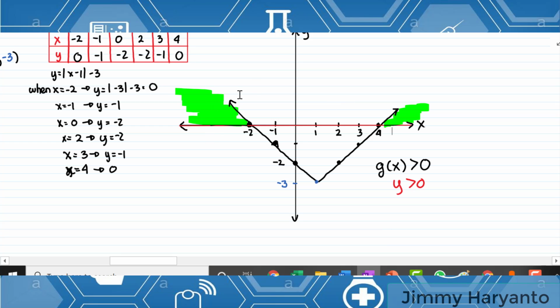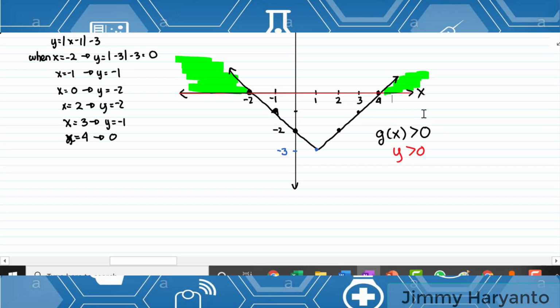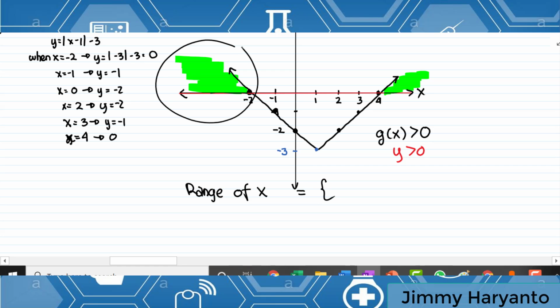So we have two parts, the left side and the right side. We have to write the range of x for each part. The left part: you can see that x is less than or equal to -2, and for the right part, x is greater than or equal to 4.